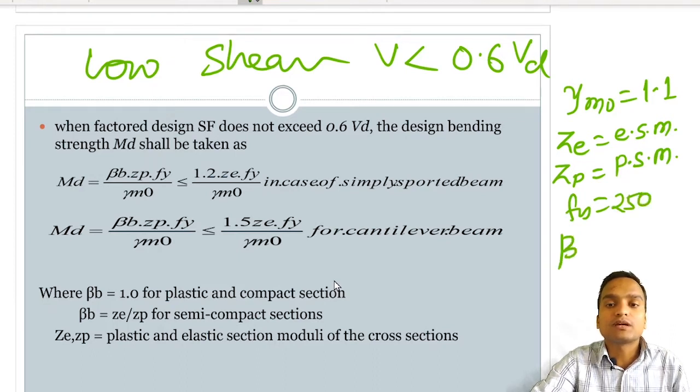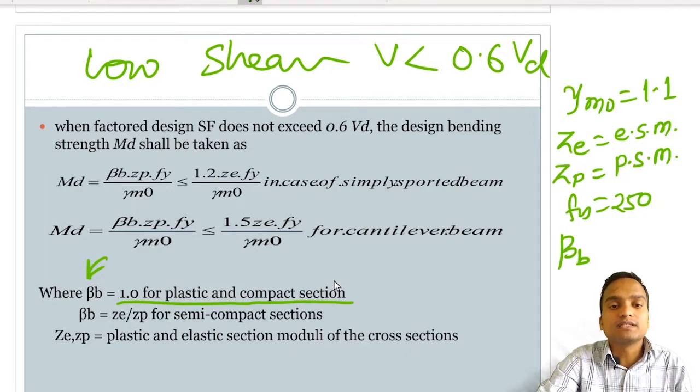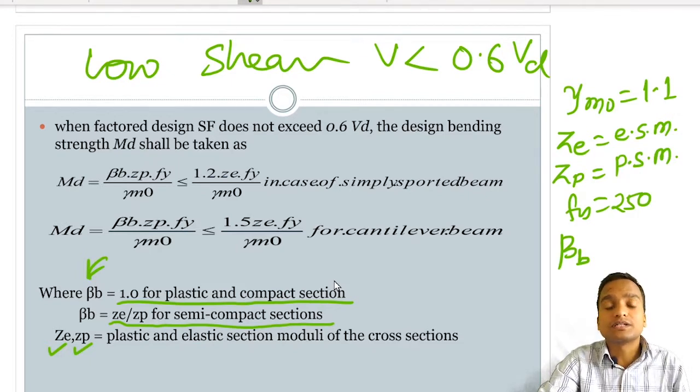And now what is beta B? So beta B is given here. It is equal to 1 for plastic and compact section, and beta B is equal to ZE upon ZP for semi-compact section. So the value of ZE, elastic section modulus, and ZP, plastic section modulus, for different cross sections can be calculated, or if it is a rolled section, then you can take these values from steel tables.